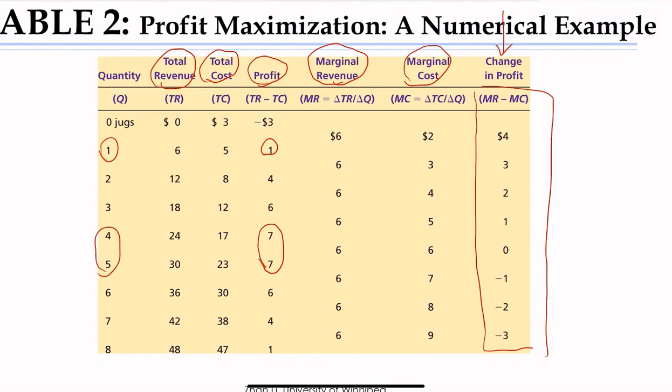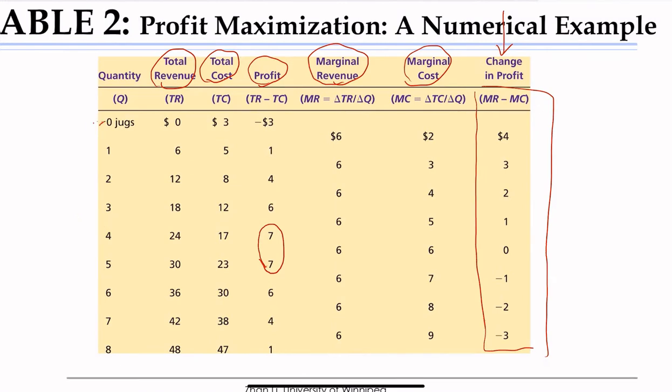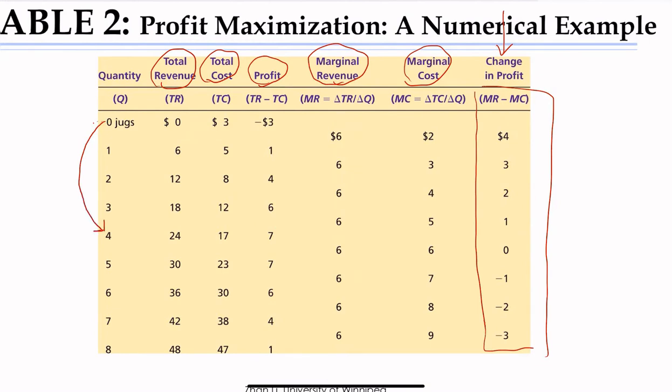But we could observe some more interesting and important pattern here. What you can see here is, if you increase quantity from 0 to 4, right, let me draw this. So if you increase the production from 0 to 4, you can see that the profit always increases, right? Increases to 7.